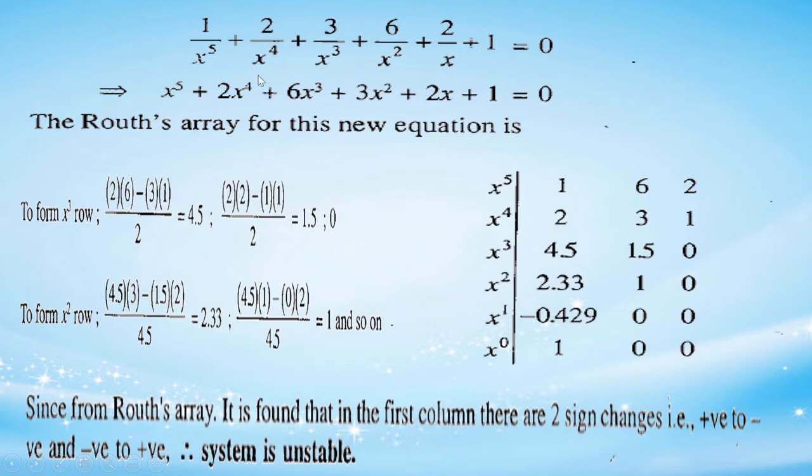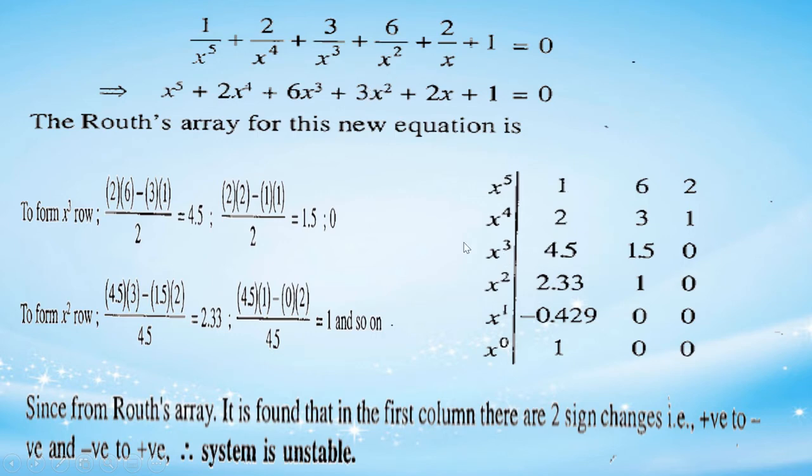Similarly as before, write down starting from the highest power 5, 4, 3, 2, 1, 0. Fill the two rows of the Routh array using the odd powers and the even powers. So here it is 1, 6, 2, first row. Second row is 2, 3 and 1.